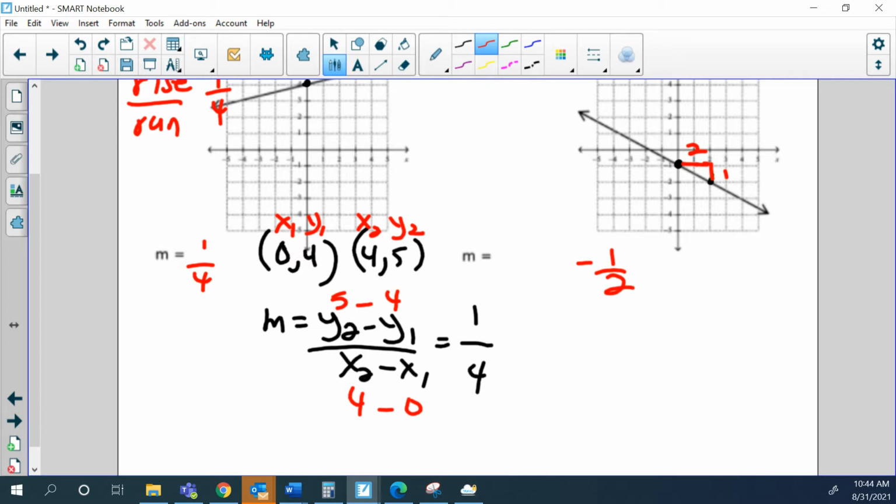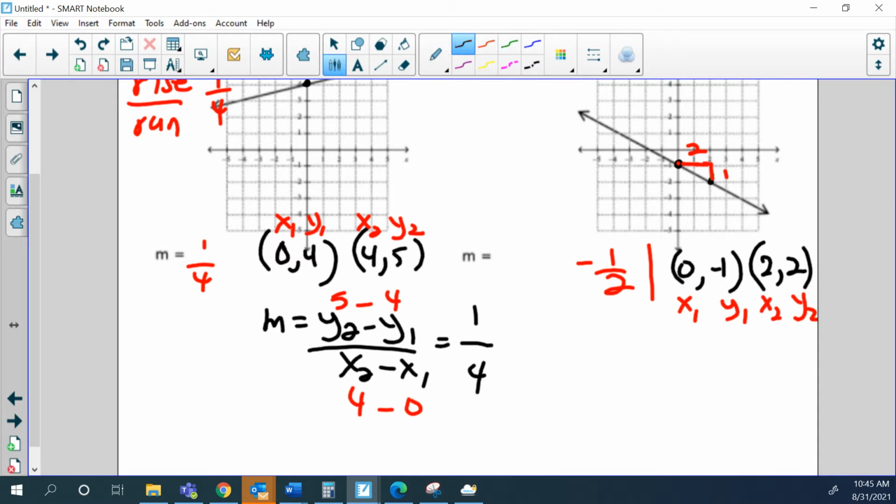And then I could pick 2 points. All right, let's go with slope formula. My 2 points are this point, the y-intercept is 0, negative 1. And the other point is 2, comma, 2. Okay, so let me get, I need some more space. So my x1, my y1, my x2, my y2.